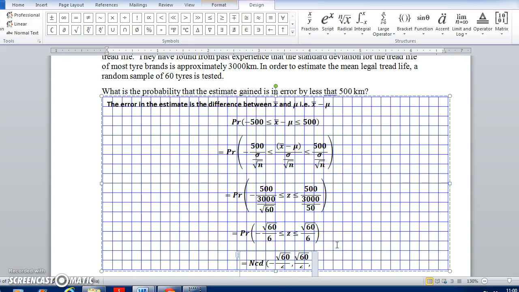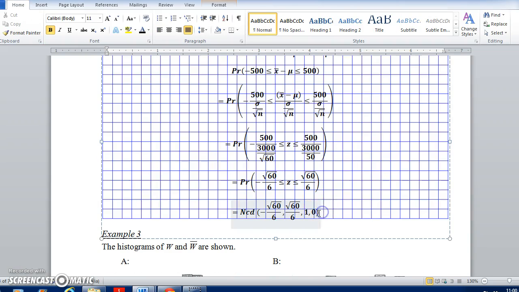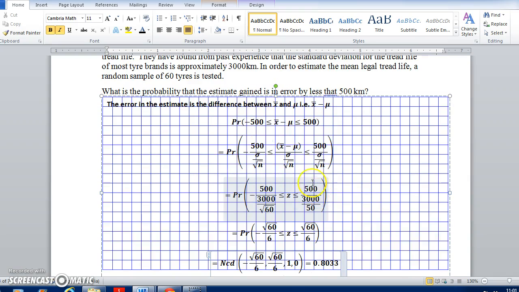Our standard deviation comes first, so that's 1, and our mean is 0. So if we put that into our calculators, which are mini computers, we see that that comes out to be 0.8033. And so that's what we've done. We've converted to a Z statistic, because this formula here is simply how we convert from our distribution of a sample size of n to Z.